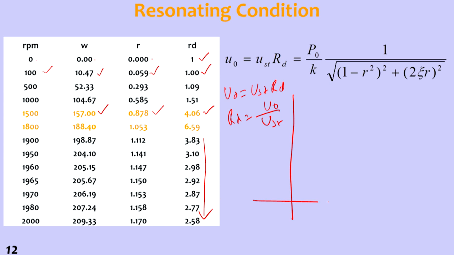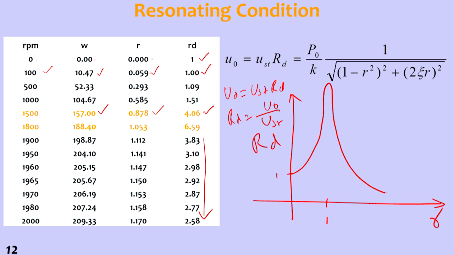If we plot the frequency ratio r against Rd, where Rd is U0 by U st, this resonating frequency is at 1. At static, Rd is 1, and then it goes up like this, and suddenly it comes down like this.